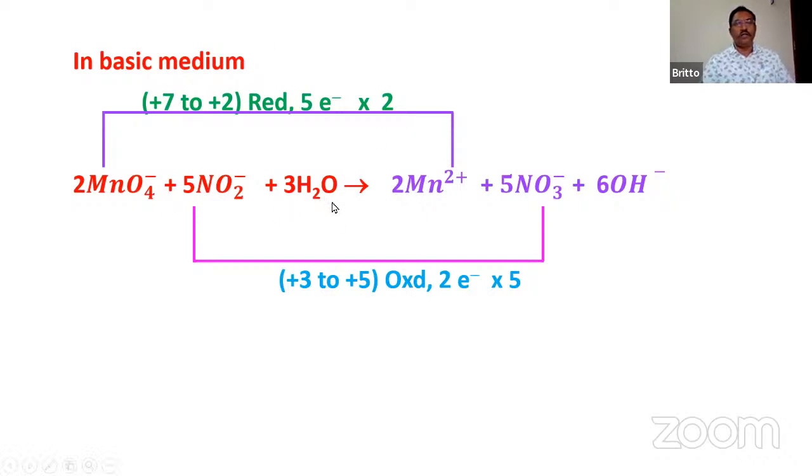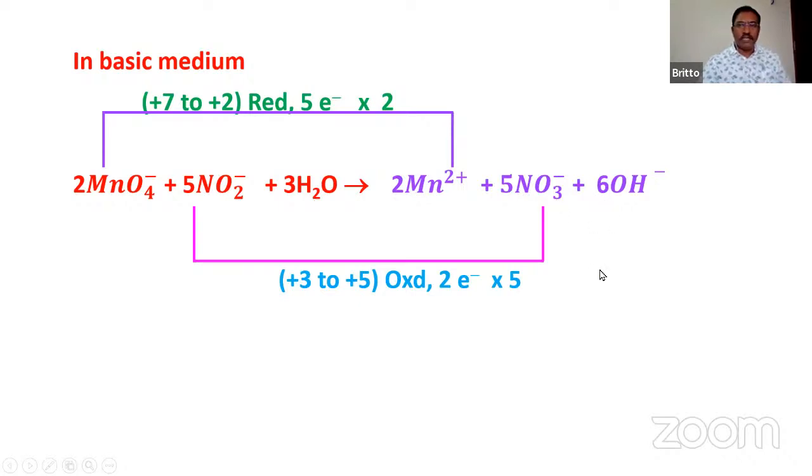Okay, so now calculate: hydrogen here is 6, and 6 hydrogens on the other side. Similarly for oxygen: here 4 2s are 8, 8 plus 10 is 18, 18 plus 3 is 21 oxygens. Here, similarly, 5 3s are 15 plus 6 is 21 oxygens.